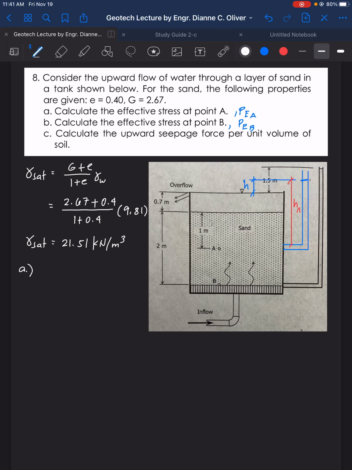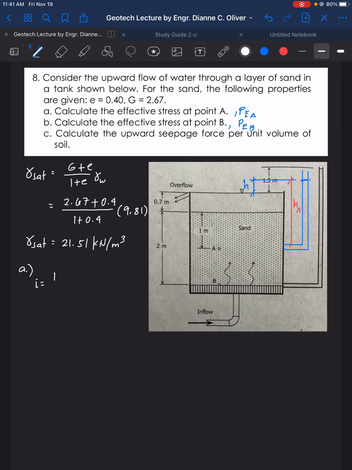For letter A, for the entire system, we have the head of the total soil, 1.5, taken from the tube inserted at the bottom of the container or the tank. So 1.5 divided by the total length of soil, which is 2 meters.